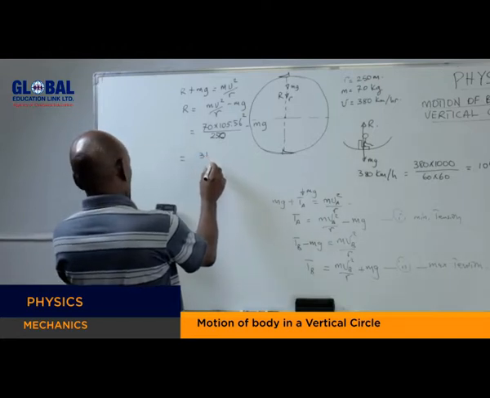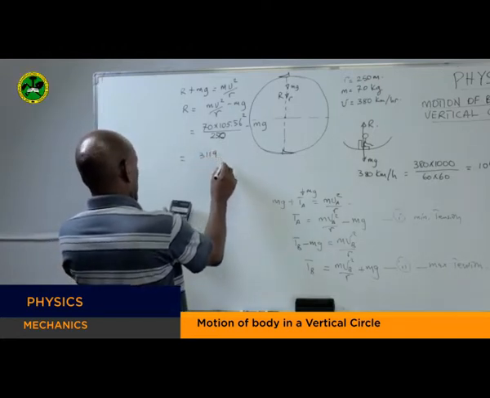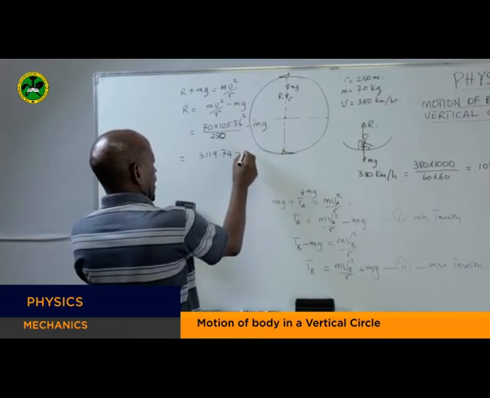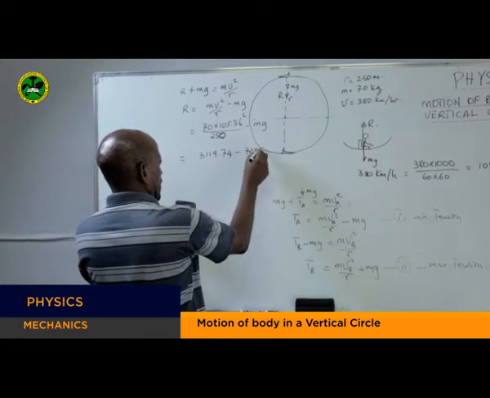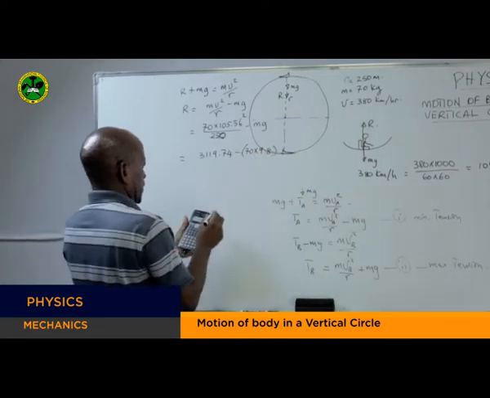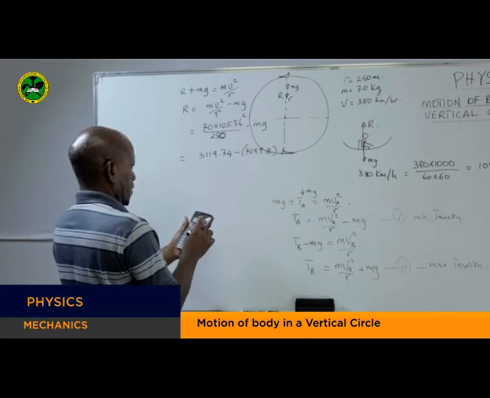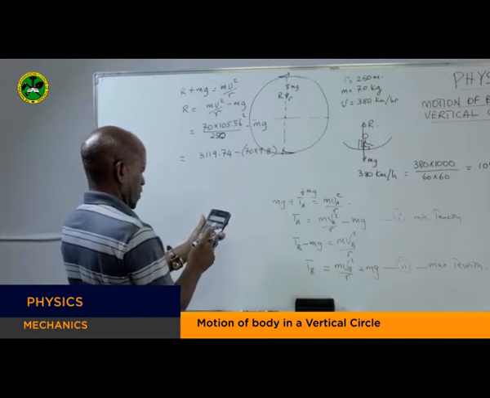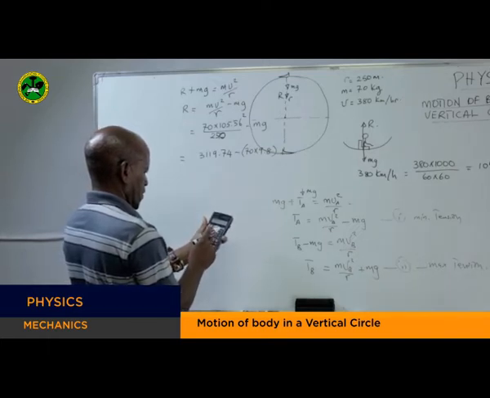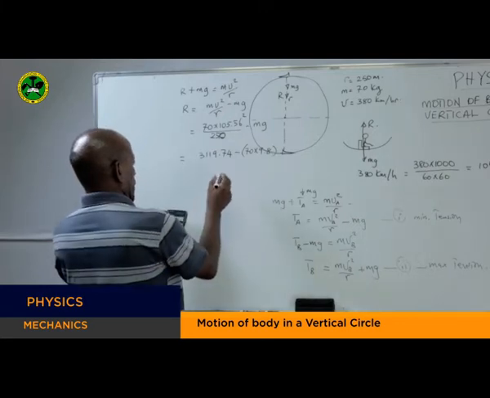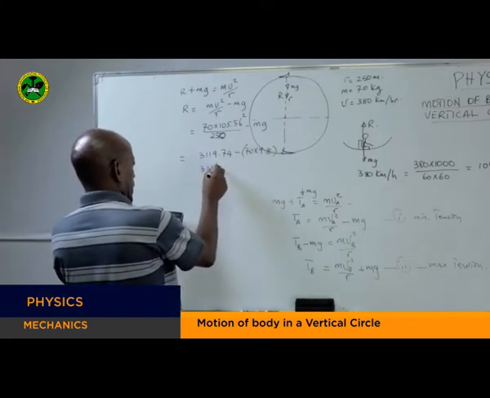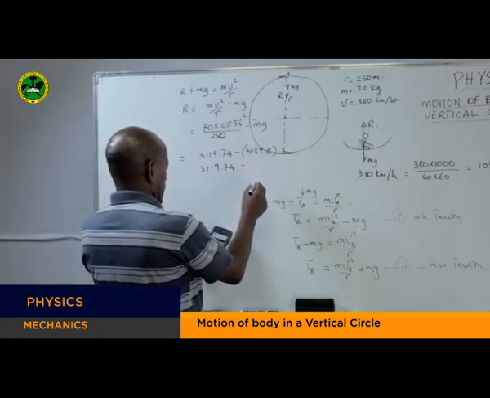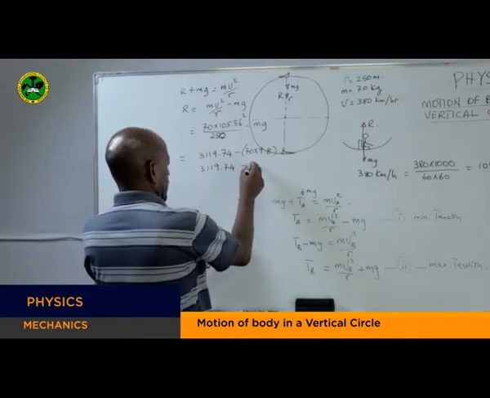This will be equal to 3119.74 minus mg. The mass is 70 and g is 9.8. So we'll have 3119.74 minus, this is 686.